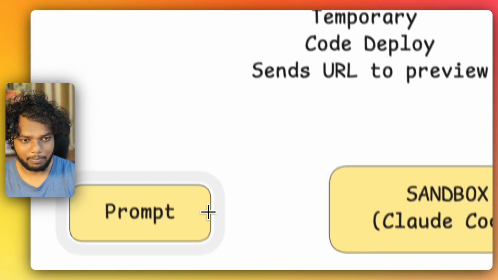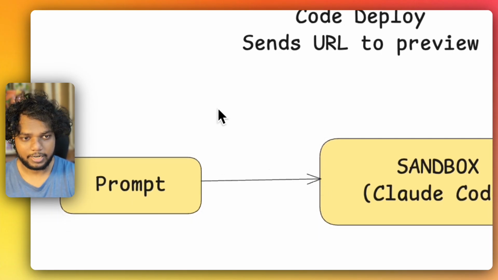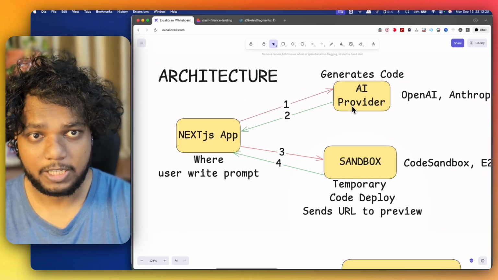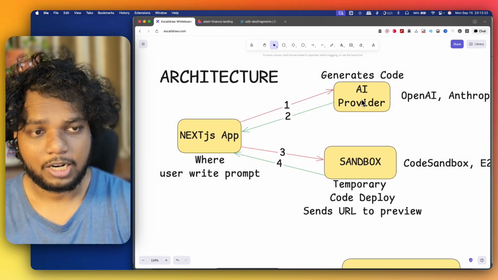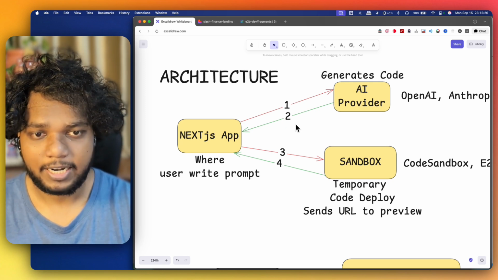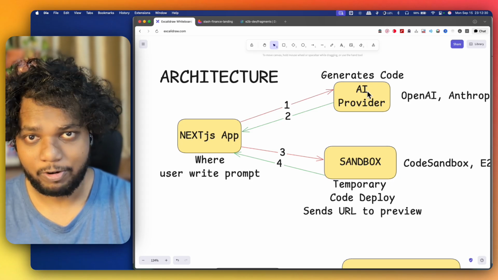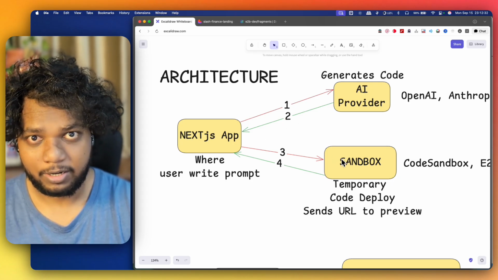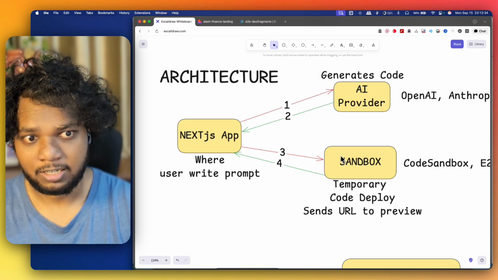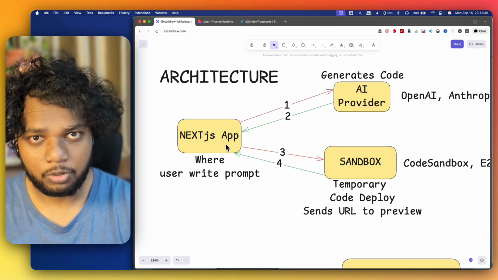This is something people are experimenting with, and I will also experiment with it in the future, to skip this particular step. Right now the problem is that whenever you write a prompt, it goes to the AI provider, then the AI provider sends back the code, then you send it to the sandbox. There is a lot of friction. You have to manage the code and the file structure on your own.